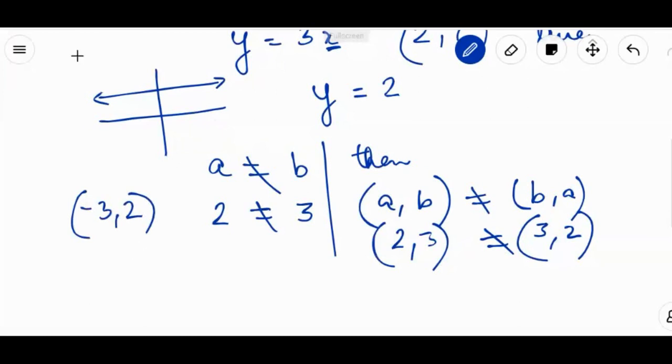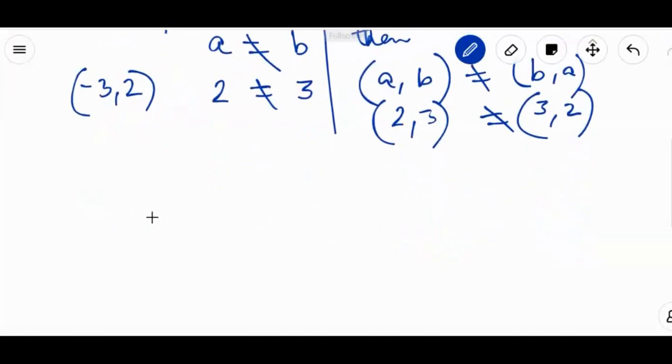Second quadrant. Yes, it will be here. Second. This is false. So this statement is false. So now what answer are we going to have this time? R is false. So option C. Option C will come. Okay, this is how we do it.